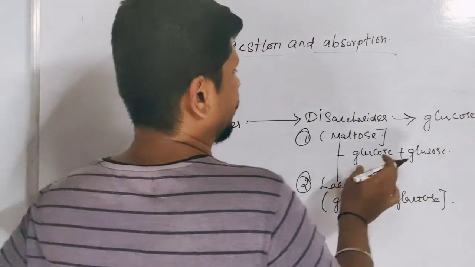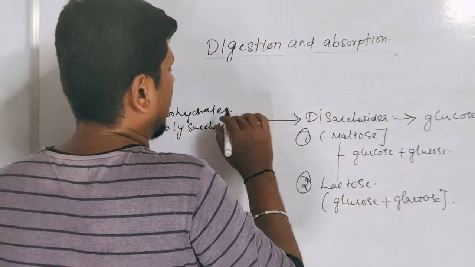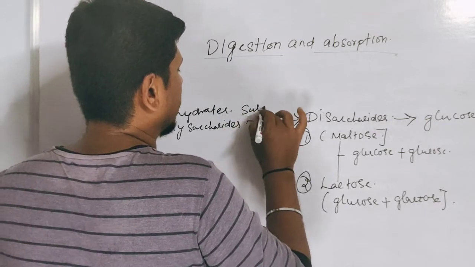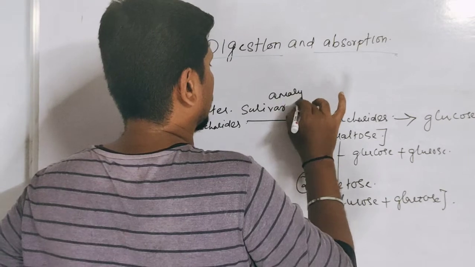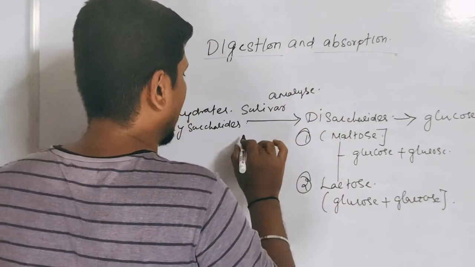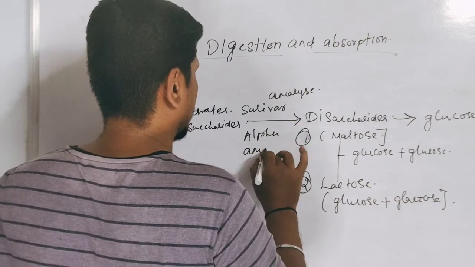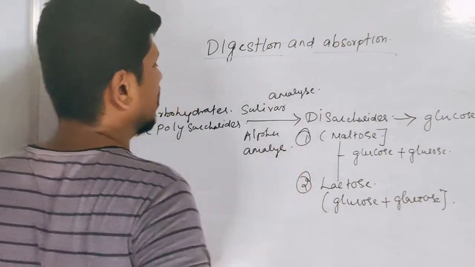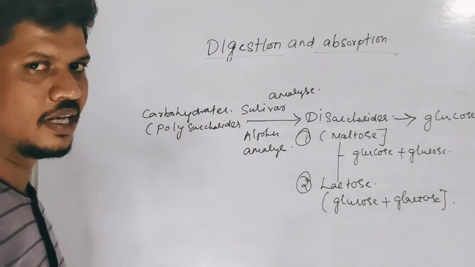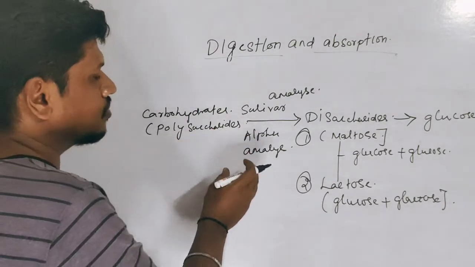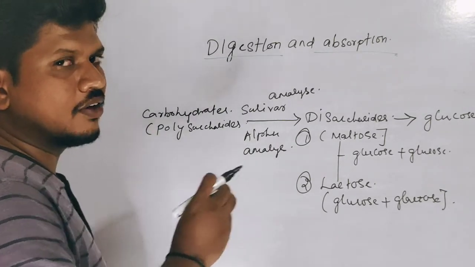Right? Now, with the help of salivary amylase, especially alpha amylase, right? As we discussed earlier, what is the purpose of an enzyme? Those enzymes are responsible for increasing the rate of reactions, right?